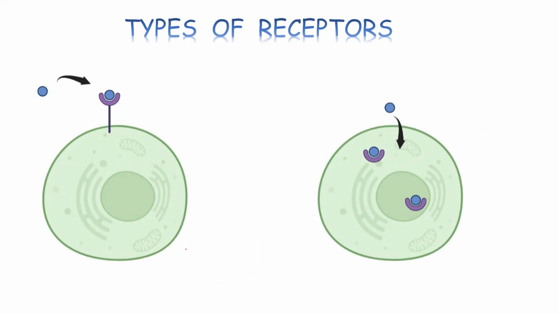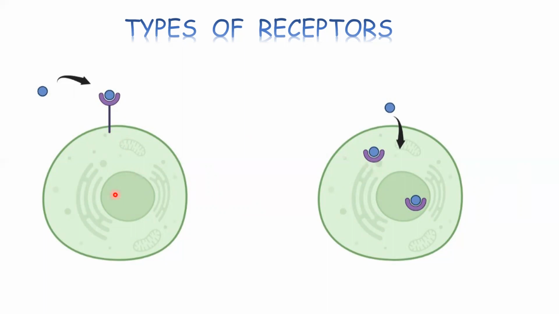Generally, there are two types of receptors. As we can see in structure one, a ligand is coming and binding to the receptor. That's common for receptors. The only difference here is the location. If you compare the two diagrams, in one the receptor is on the cell, attached to the membrane, whereas in the second diagram the receptor is inside the cell.